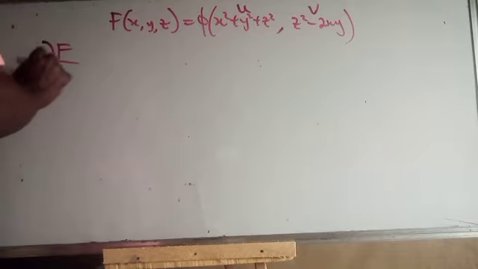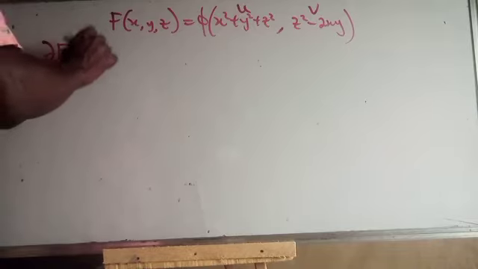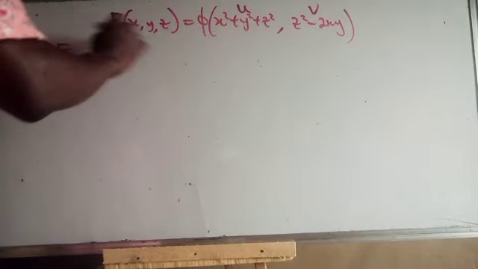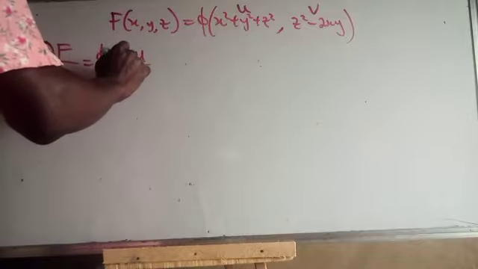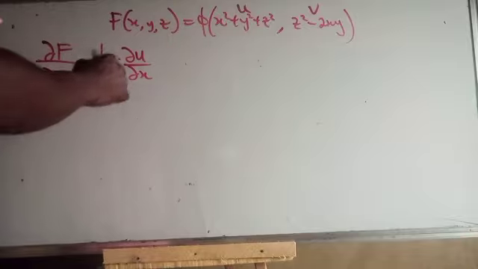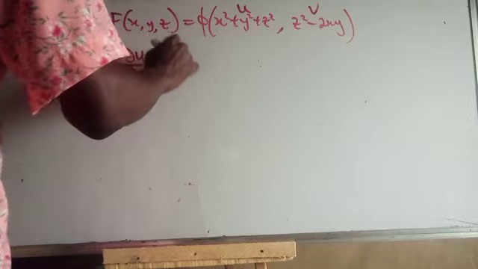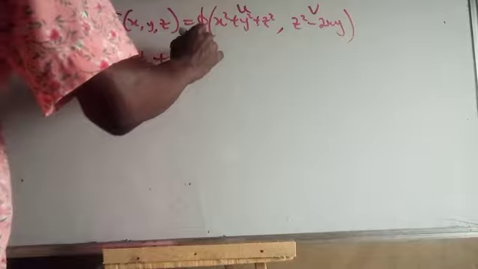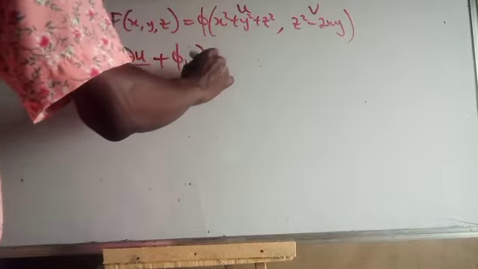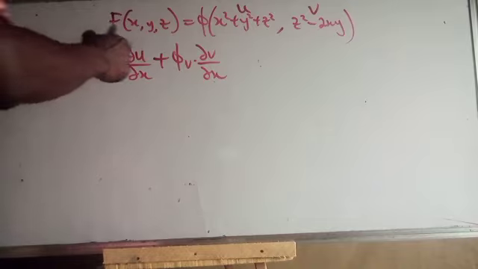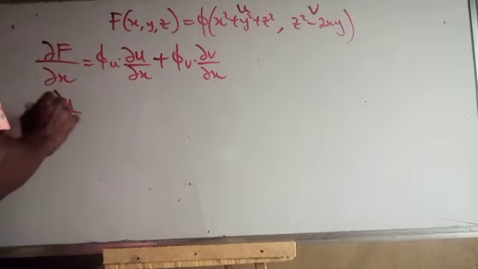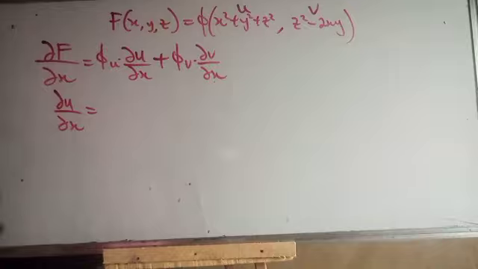The partial derivative of f with respect to x will be equal to phi u multiplied by the partial derivative of u with respect to x, plus phi v multiplied by the partial derivative of v with respect to x. So we pick the u dx, that is the partial derivative of u with respect to x.